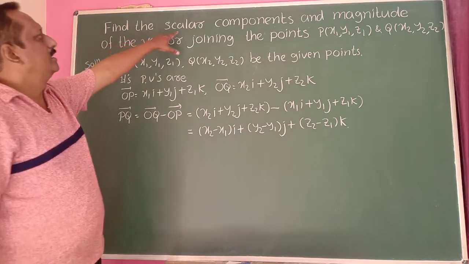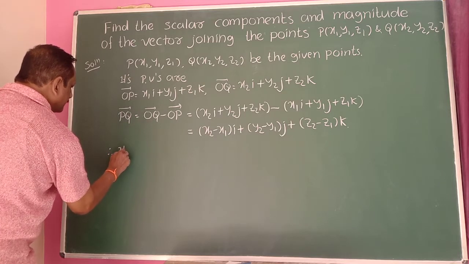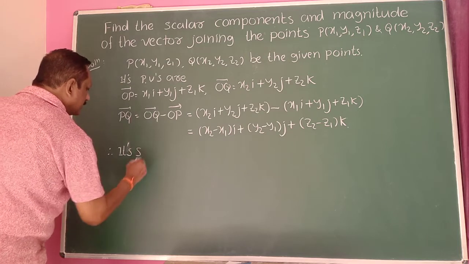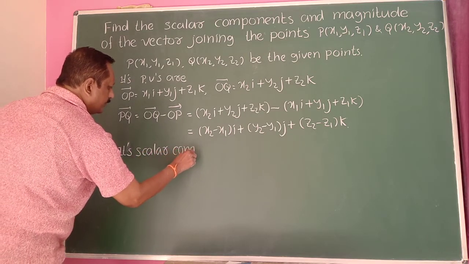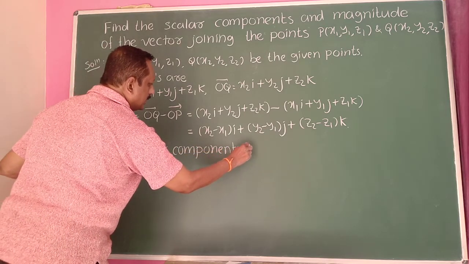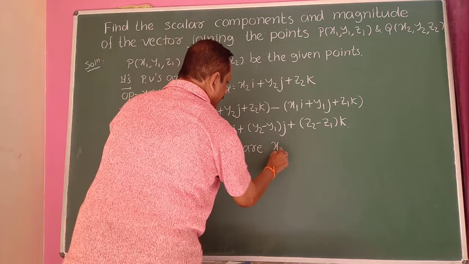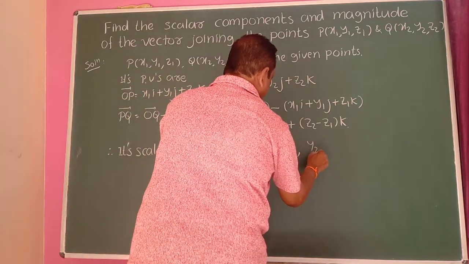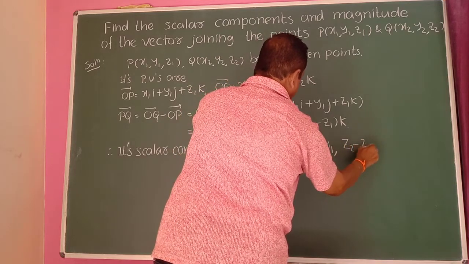Here we want the scalar components. The scalar components are x2 minus x1, y2 minus y1 and z2 minus z1.